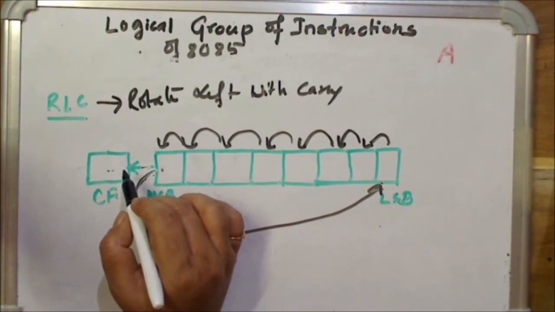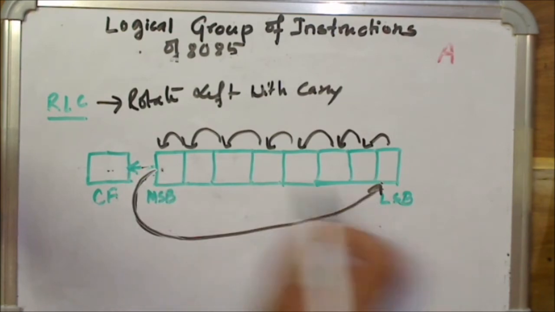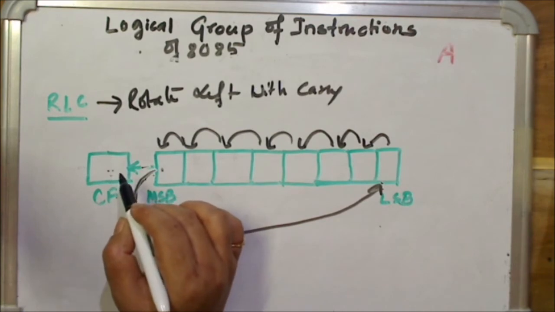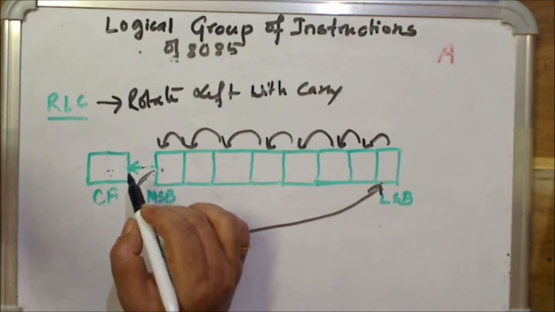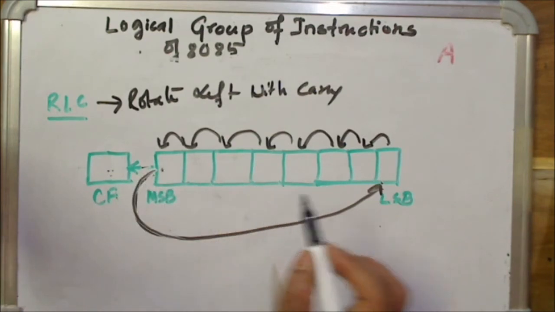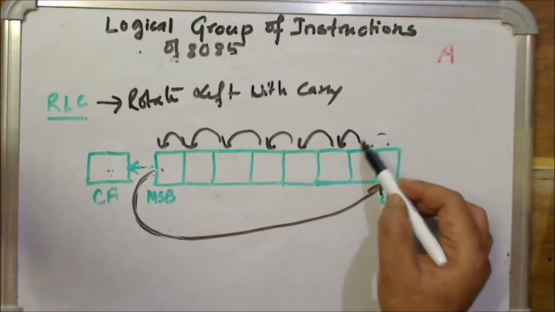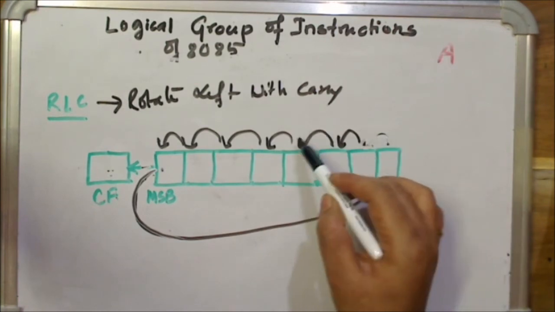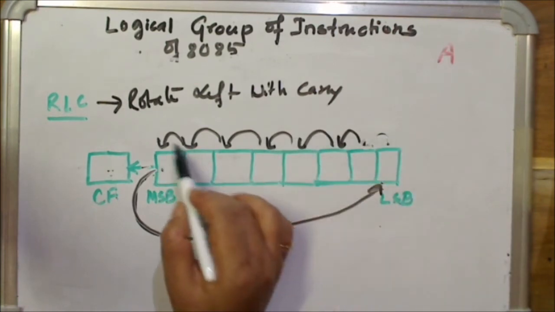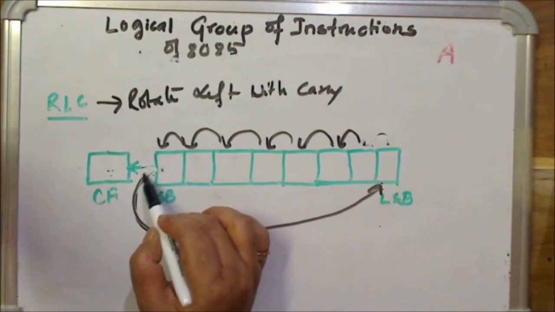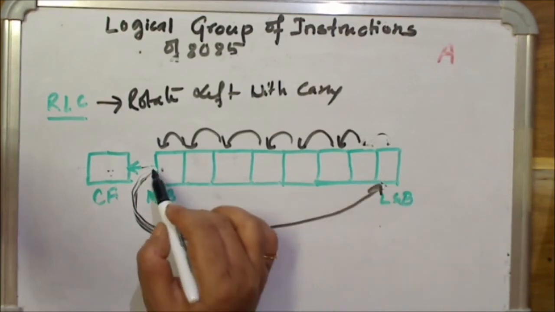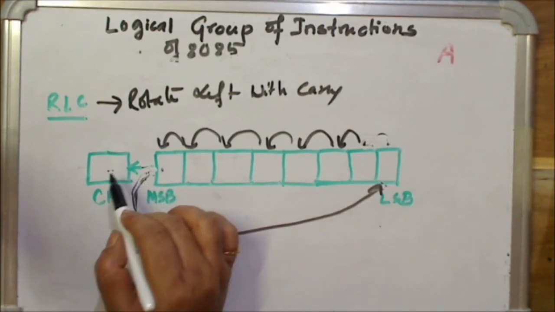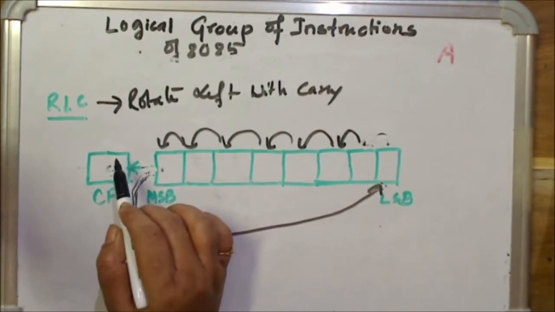So the MSB goes to the LSB as well as to the carry flag. I hope you have understood. So what does rotate left with carry do? Each bit is getting shifted by 1. The last bit that is going out will come back to the LSB, and the bit that is going out will also go to the carry flag.